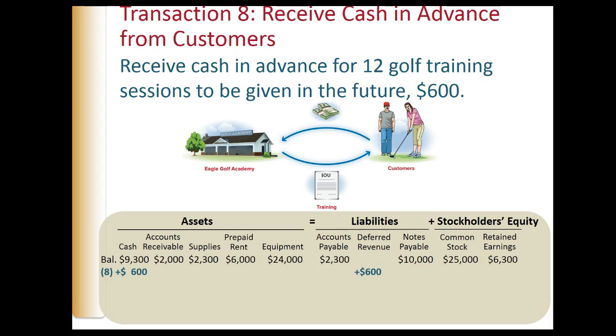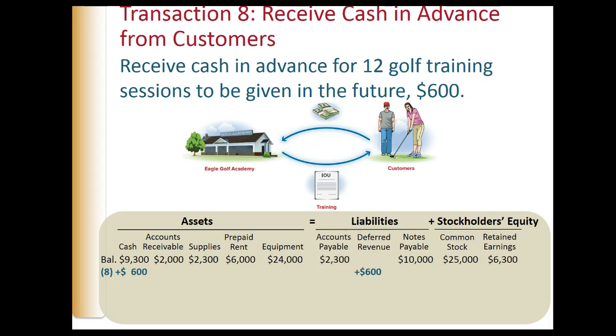Receiving cash in advance causes both the assets to increase and the liability to increase. Now remember, I told you that most every liability is going to have a payable after it. But this is one example when the liability does not have the word payable at the end of it.